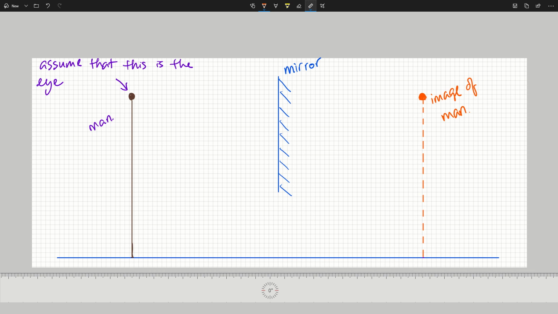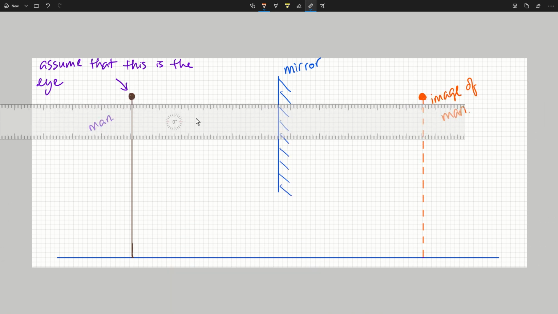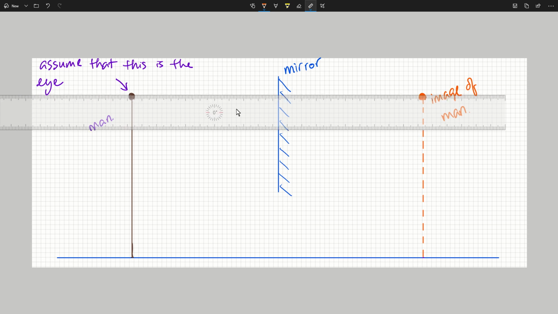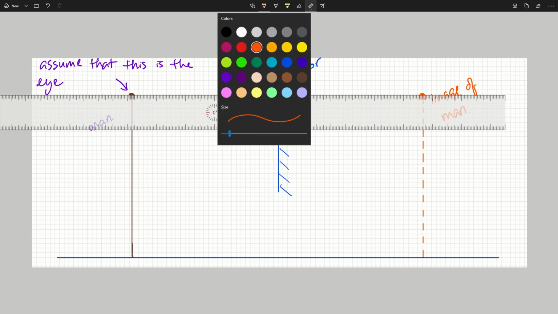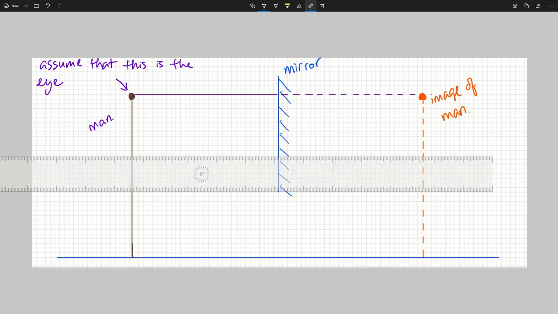Now, first things first, we draw how he sees his own eyes. So, assuming that's the eye over there, the light rays strike the mirror and reflect back.